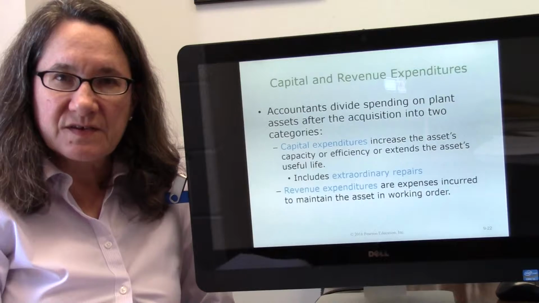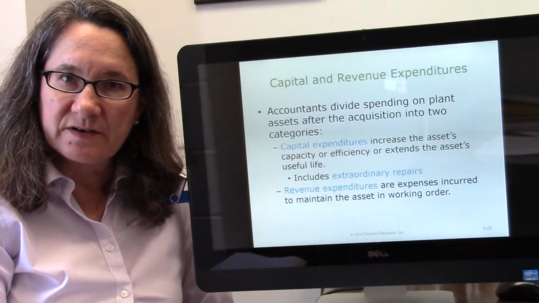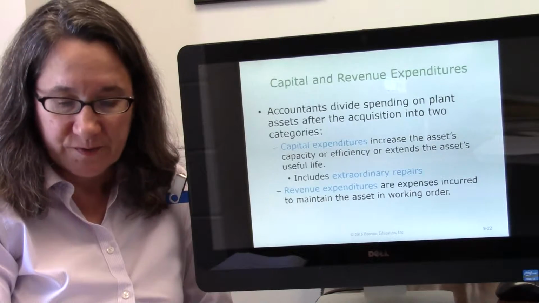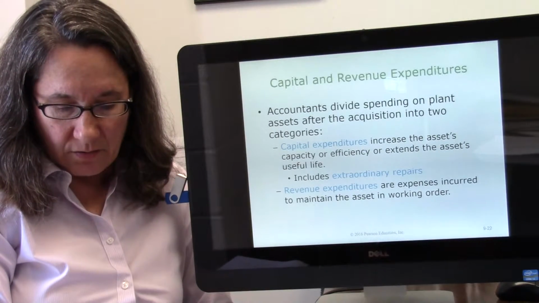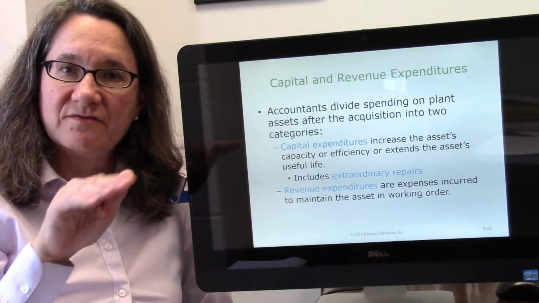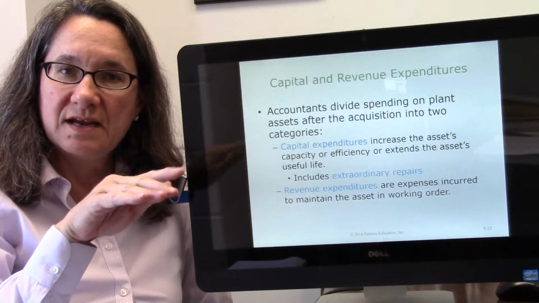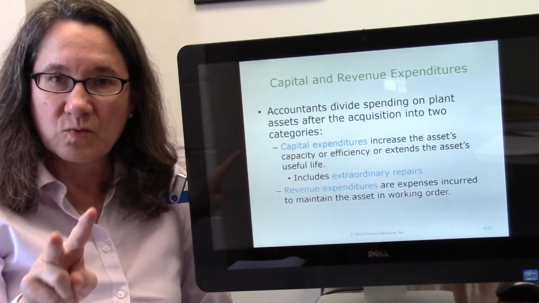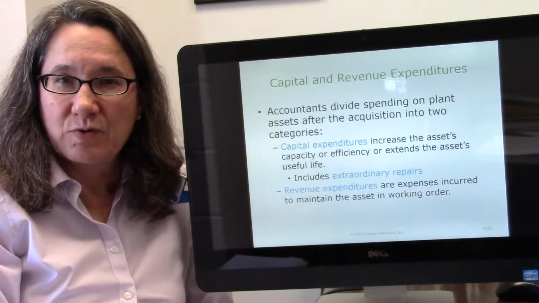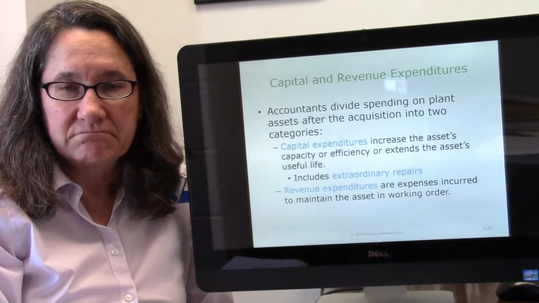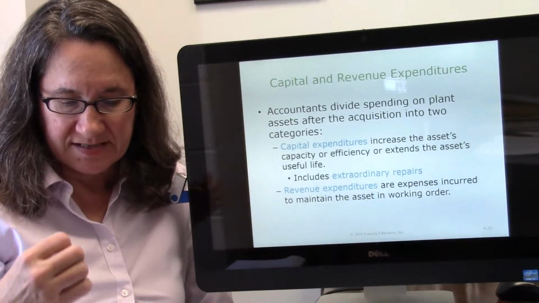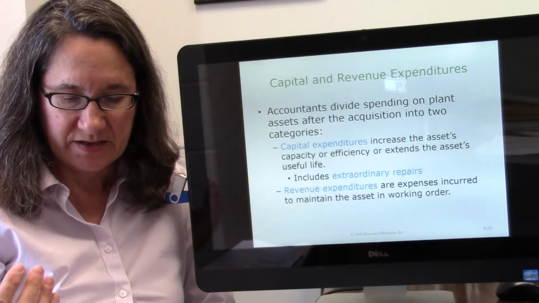So you may have noticed a couple of times in these slides so far this chapter, this term capitalize has been used. So accountants, when money gets spent, you divide it up into either capital or revenue expenditures. When you're buying this property, plant, and equipment, the land, the building, we call those capital assets, so there's a capital expenditure.